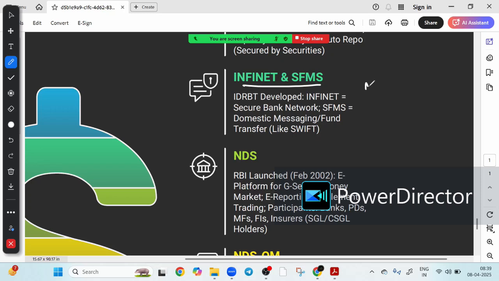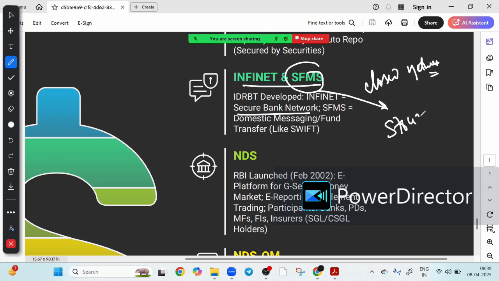It is a closed network. Remember, it is a closed network which is developed by RBI for secure communication between member banks. Yes, so a secure bank network. So if member banks want to communicate securely, they can use the help of INFINET, that is Indian Financial Network, right? And add to that SFMS. What is SFMS? That is the Structured Financial Messaging System. You should know the full form.